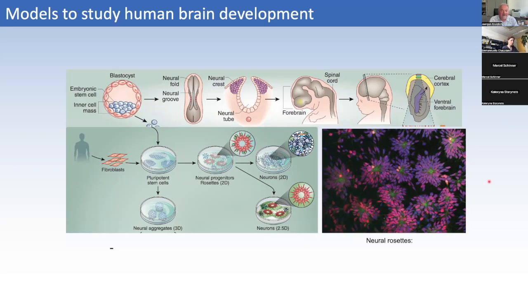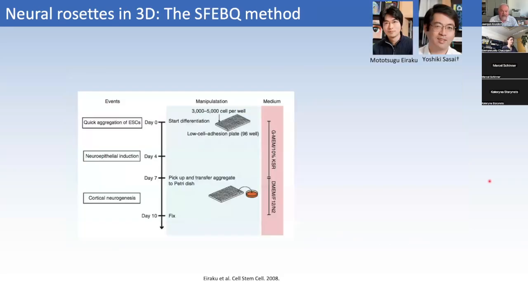But the key for generating 3-dimensional tissue goes back to a Japanese scientist who is called Yoshiki Sasai, and unfortunately is no longer with us. And together with his postdoc, Mototsugu Eiraku, he developed a method that is called the SFEBq method.